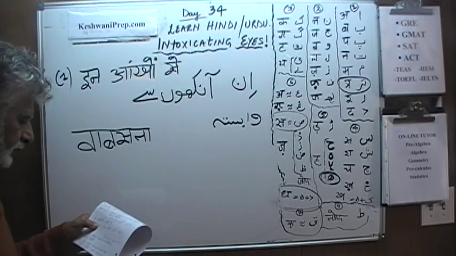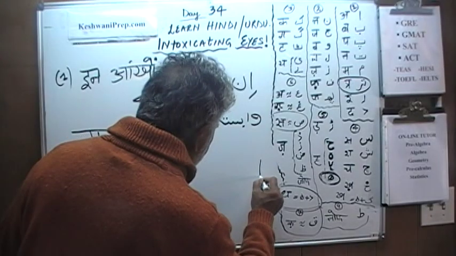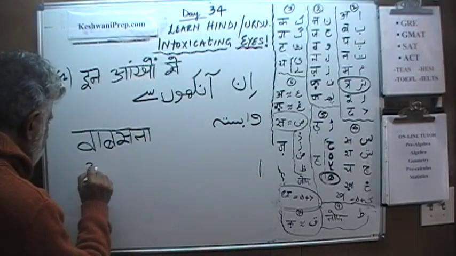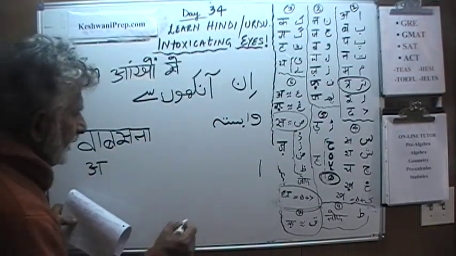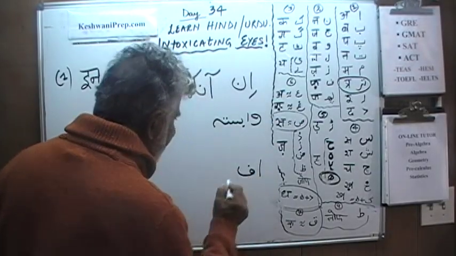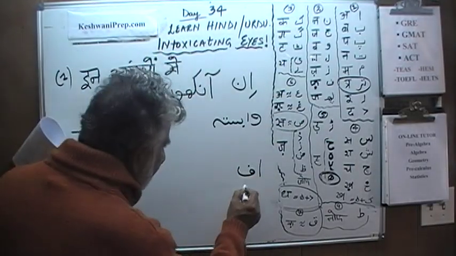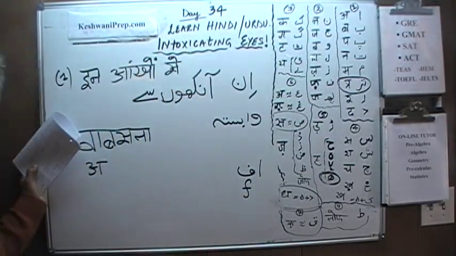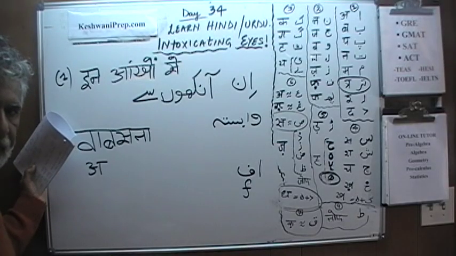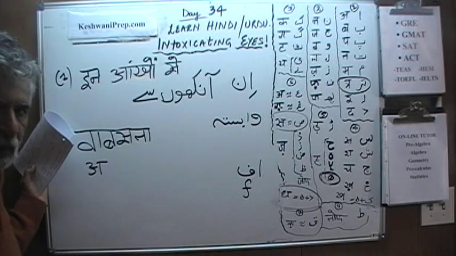The word we have to learn. Alif, a, then we have a fe. This fe is letter F. In Urdu, we have two ways you can produce a F sound, just like in English.